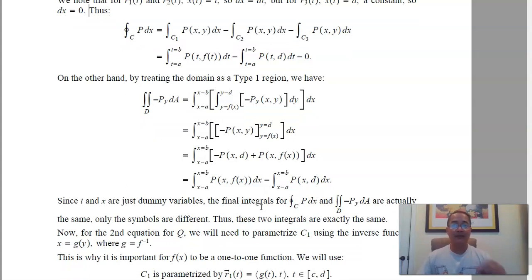The definite integral from a to b of f of x dx is exactly the same as the definite integral from a to b of f of t dt. It doesn't matter what letter you use. The final answer is a number. You will get exactly the same number no matter which letter of the alphabet you use for your variable name. So those two are exactly the same.